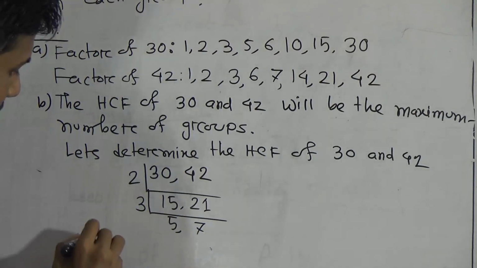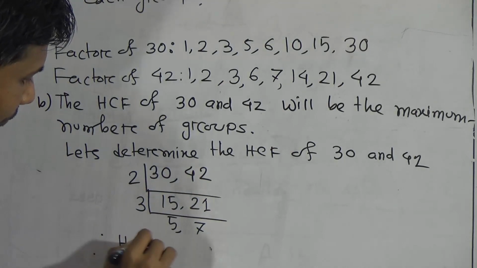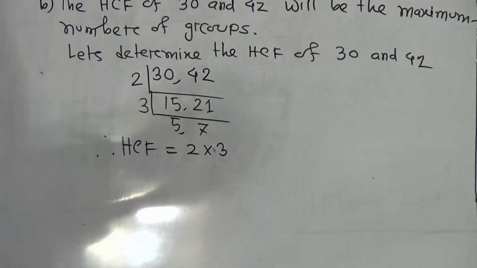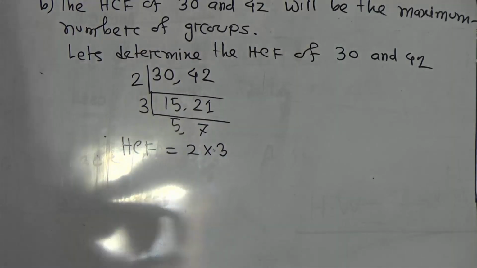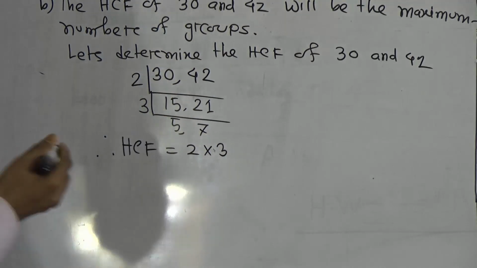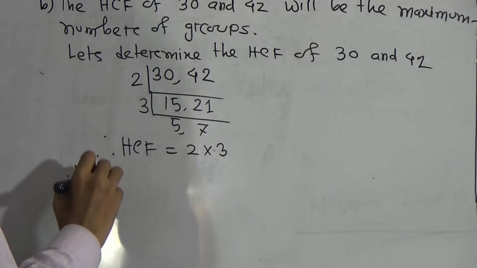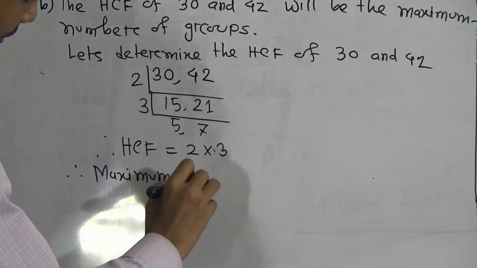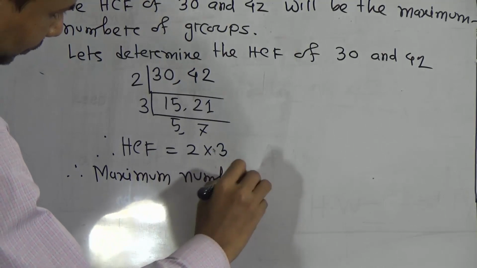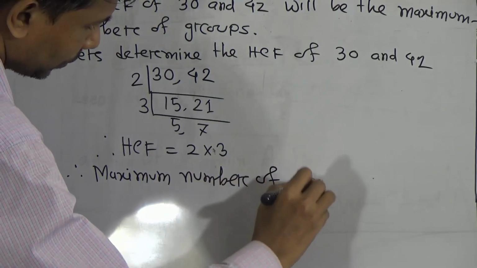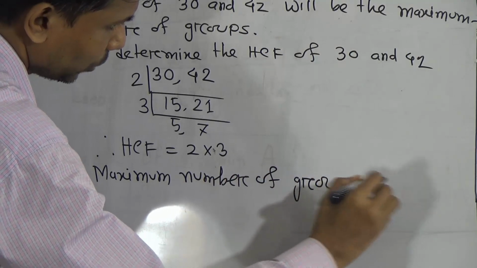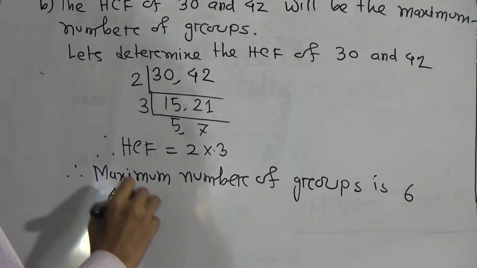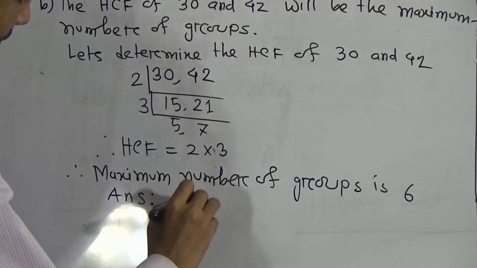Now write the HCF equal to 2 into 3, that means 6. Therefore, the maximum number of groups is 6. So write the answer: 6 groups.